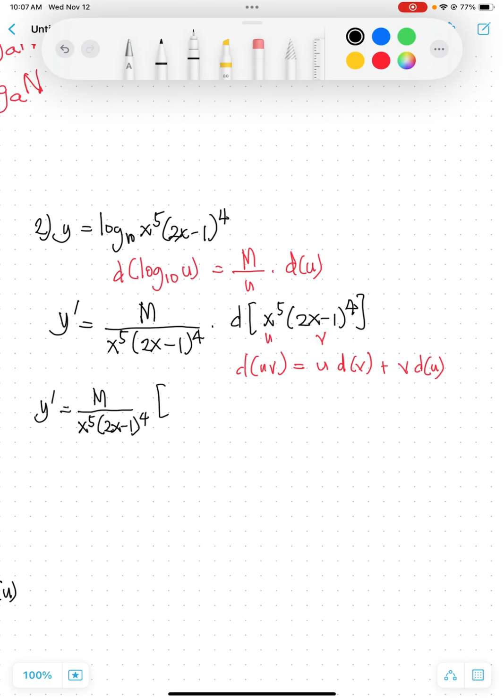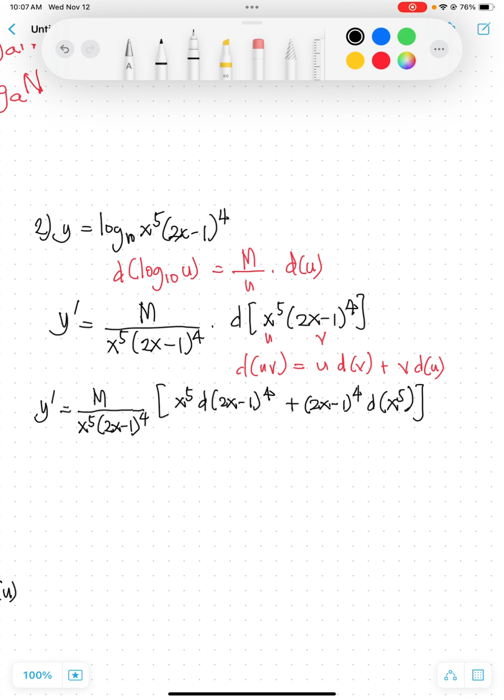So let's now get the derivative of x raised to 5 times 2x minus 1 raised to 4 following the product rule. So we have x raised to 5 and then times the derivative of 2x minus 1 raised to 4, plus 2x minus 1 raised to 4 and then times the derivative of x raised to 5.